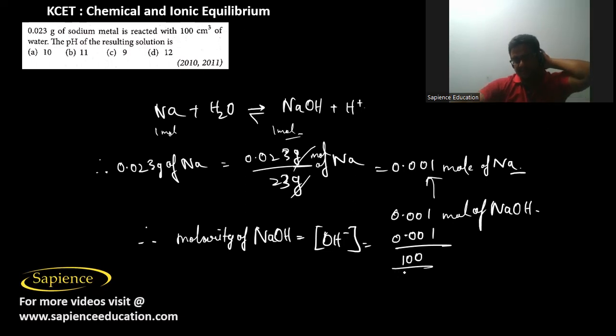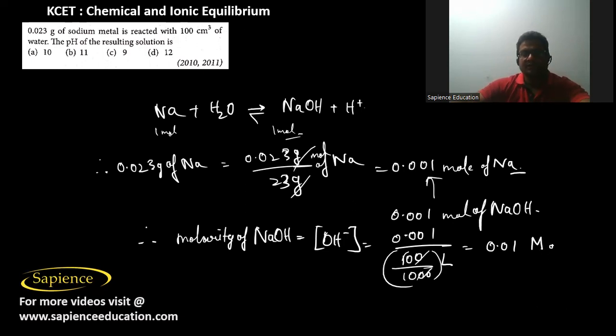So I can say it is 100 by 1000 liters. So it will be 0.01 molar, or I can say mole per liter. So I can write this as 10 power minus 2 also.